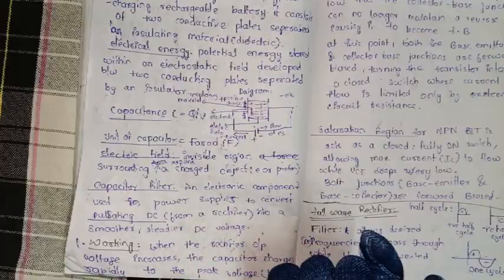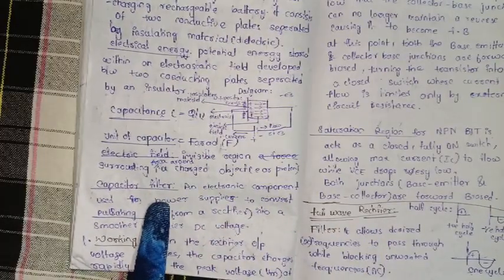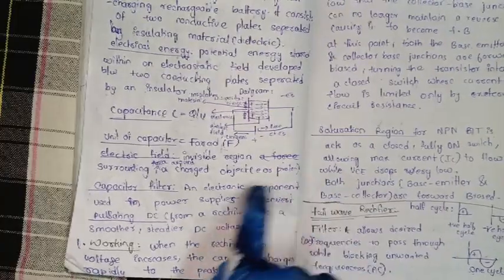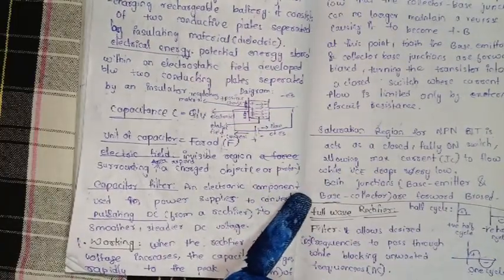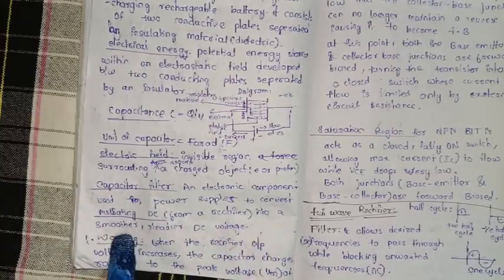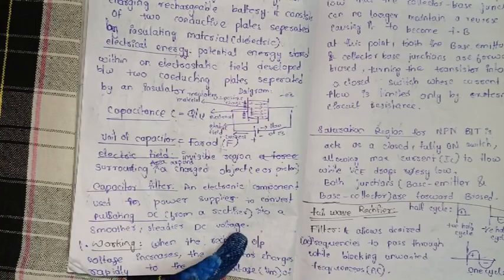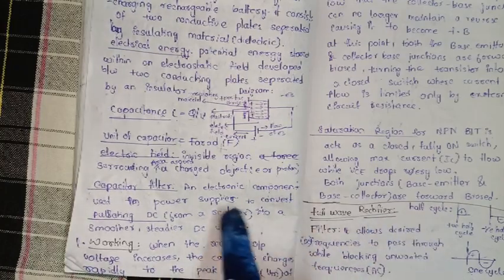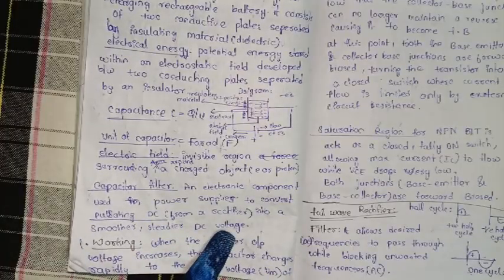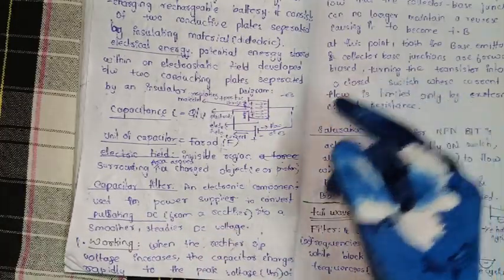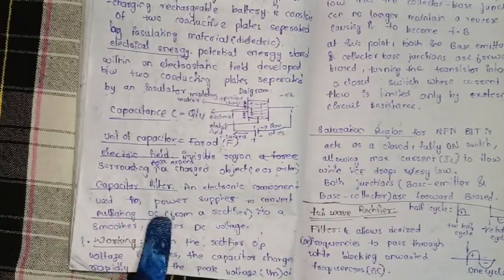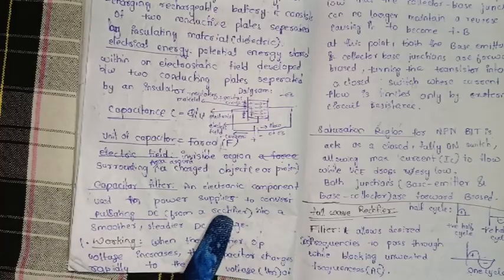Okay, then the capacitor filter. It is an electronic component used in a power supply to convert pulsating DC into a smoother, steadier DC voltage. This pulsating DC comes from the rectifier only.